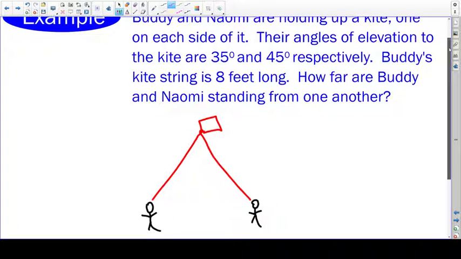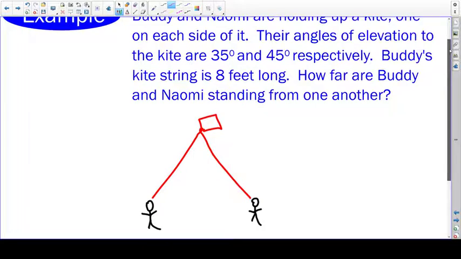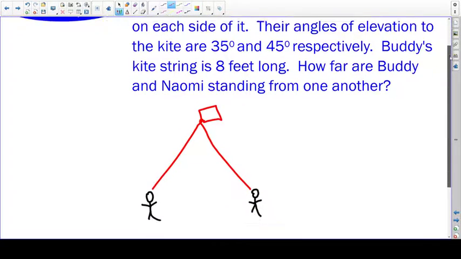Okay. Angle of elevation of the kite's 35 degrees and 45 degrees.